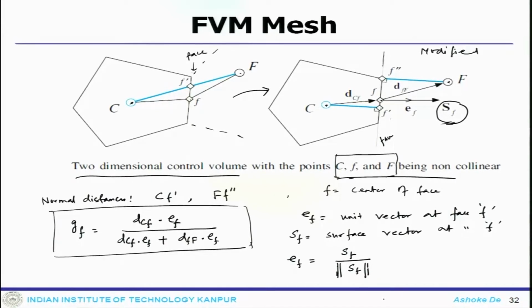That gives you the unit vector along that. So you have certain situations where things may not be collinear, and that gives you an idea about different kinds of elements. What happens when you move from structured to unstructured is that it gives rise to different kinds of issues.